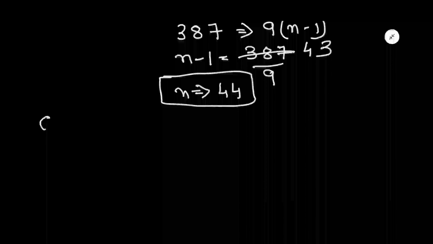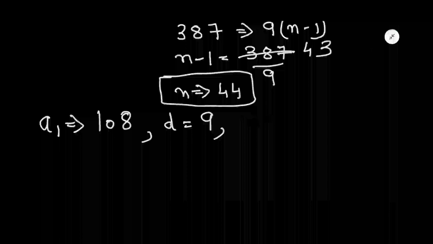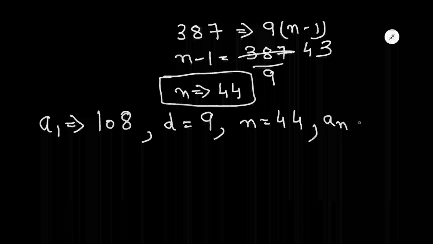So the value of the first term is equal to 108. The value of common difference is equal to 9. The value of n we already calculated is 44. The value of an, or the last term, is equal to 495.